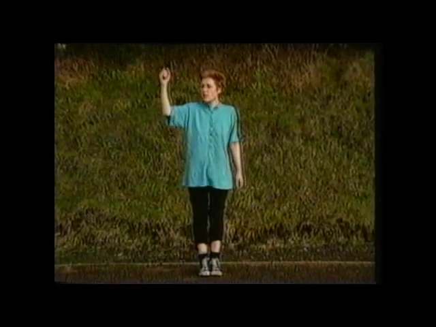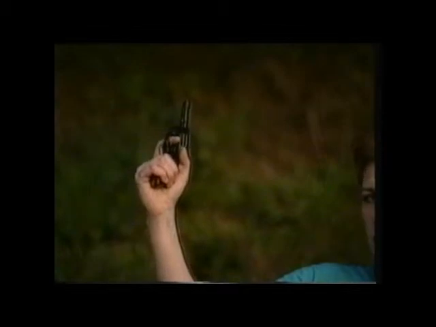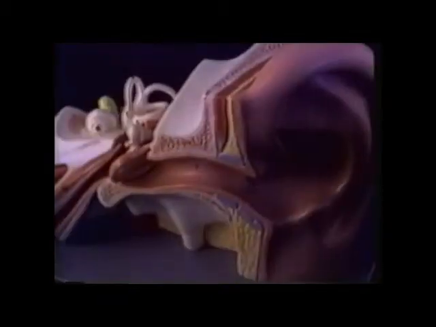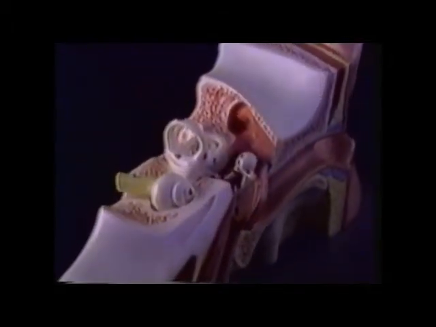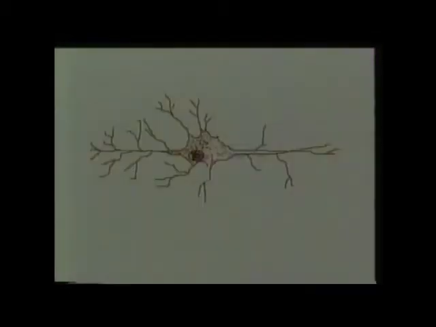At the beginning of a race, the starting pistol acts as the stimulus. The sound vibrations pass through the air to the athlete's ear. The sound vibrations are passed through the middle ear to the inner ear. They are detected by the receptor cells in the inner ear. Nerves carry the impulses generated by the receptor cells to the brain.